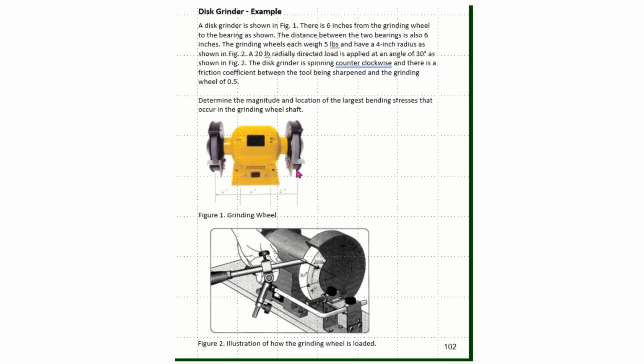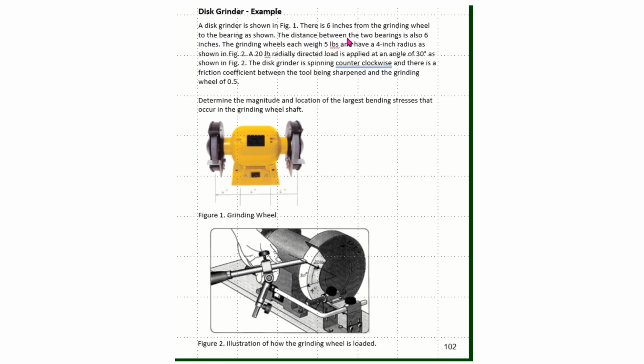In this example, we are going to look at a double disc grinder, where we have a grinder here and a grinder here with a single shaft going through and a motor that powers the two grinding wheels. There is 6 inches from the grinding wheel to the bearing as shown.